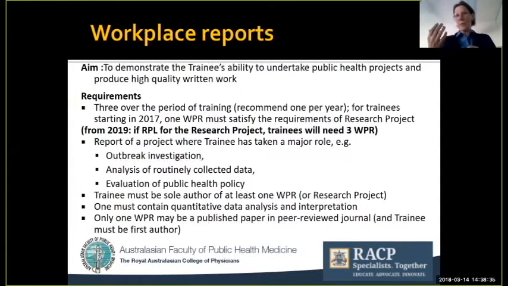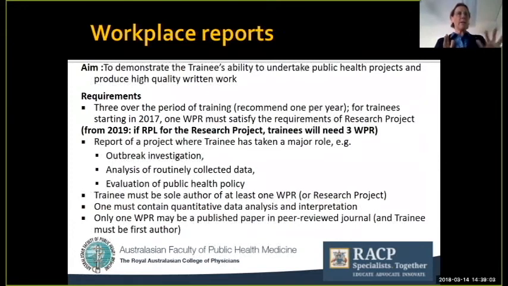So from 2019, if you have had recognition of prior learning for the research project, that doesn't mean that you only have to produce 2 pieces of writing. You actually are going to have to produce 3 workplace reports. When that comes in the 2019 handbook, it will apply to all trainees who are in the training program as of 2019.